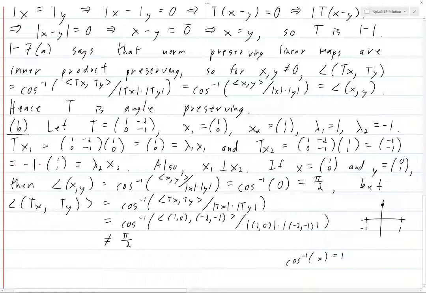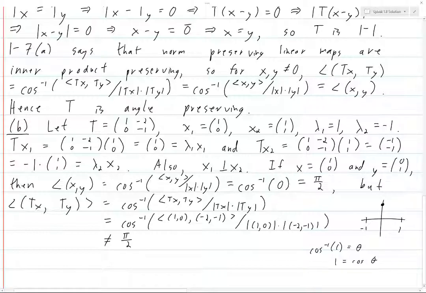So x will be cosine of 1. No, this doesn't make sense. No, cosine inverse of 1 equals theta. So 1 equals cosine of theta. So we want cosine of theta to be 1.